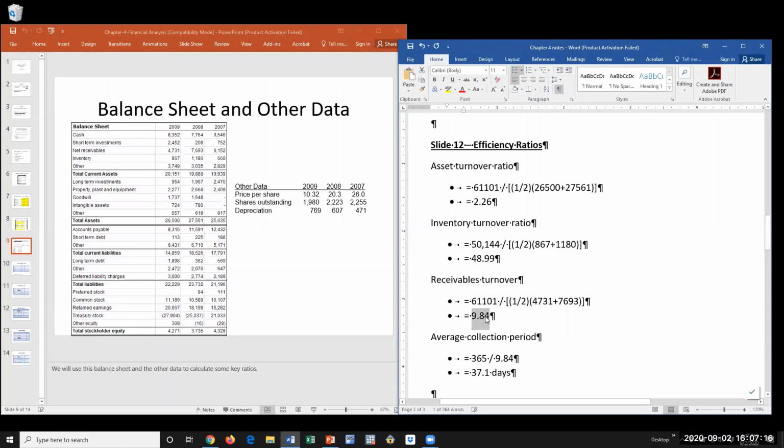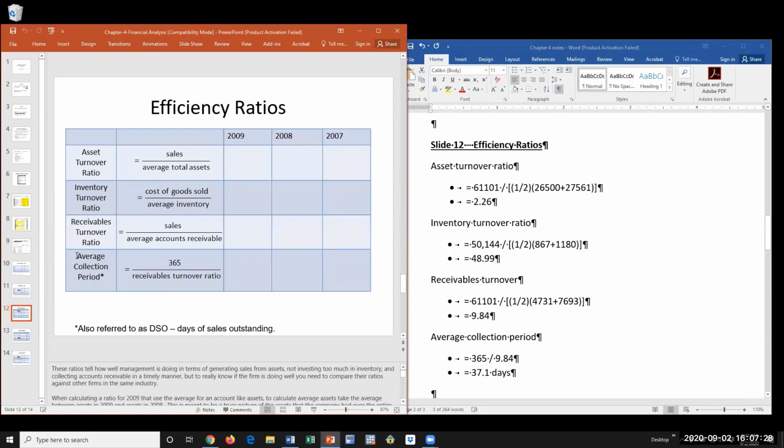So we can take this number and convert it to the number of days until payment. And that's called the average collection period. Here's the average collection period. And it's basically the receivables turnover that we just calculated divided into 365.